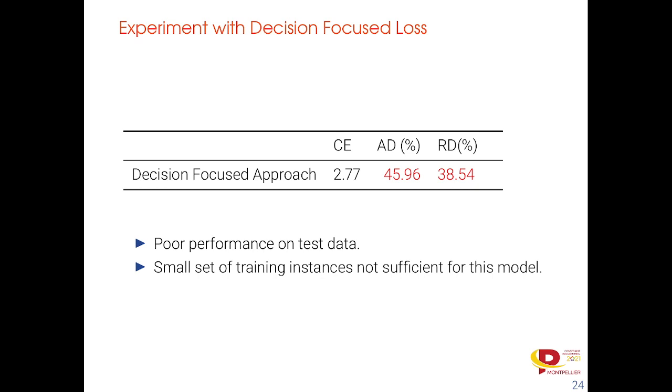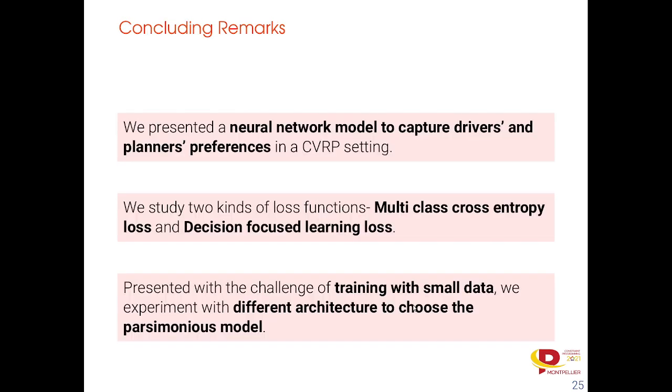This means that this is a case of overfitting, and our conclusion is that with such a limited amount of data, we can't train with decision focused learning loss, and also we violate the one assumption. So basically the decision focused learning loss doesn't work because of these two factors.